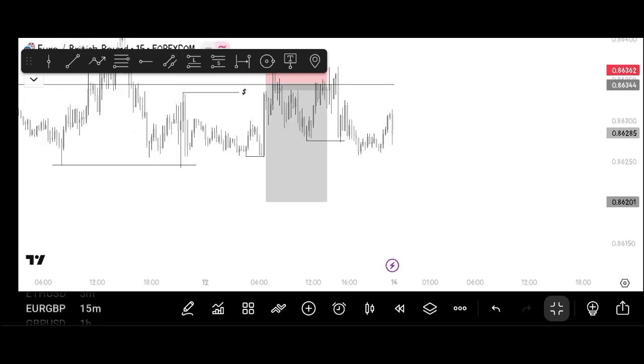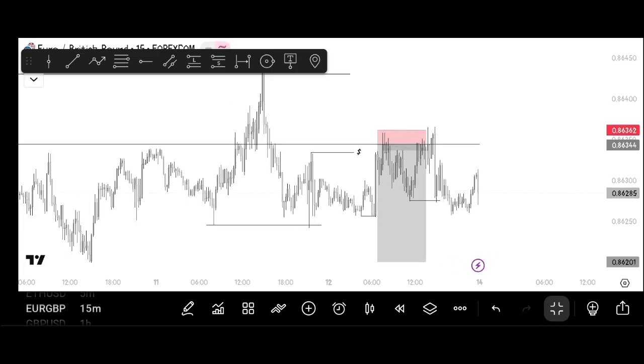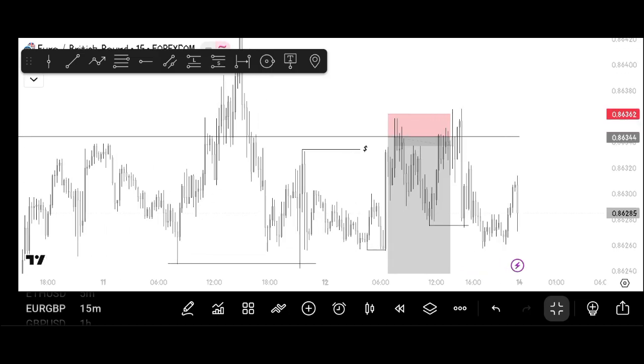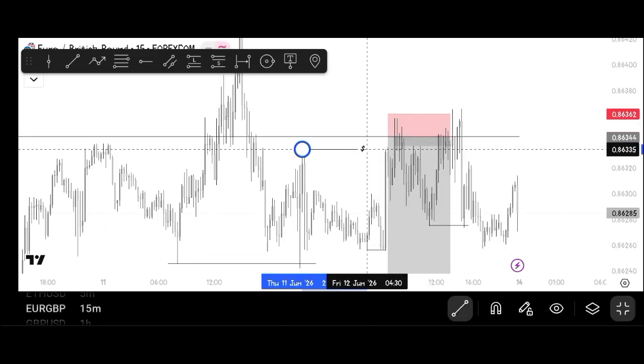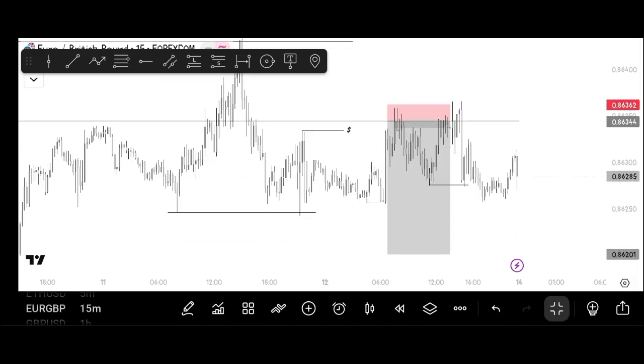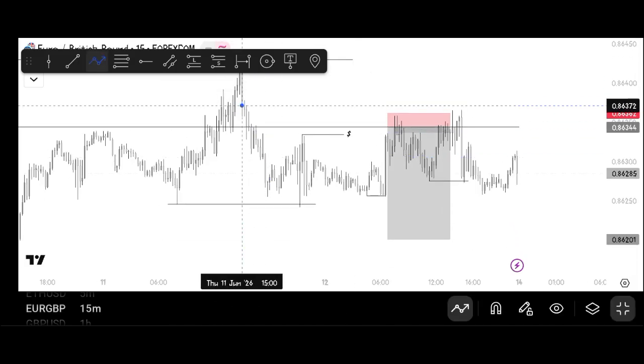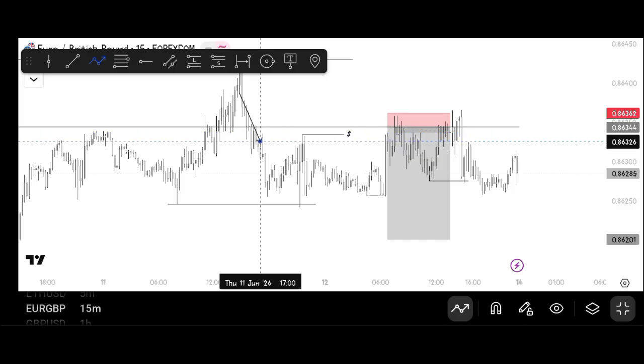Now on the 15 minute candles, I was looking for the liquidity, which I actually spotted right here, because after the change of character right here, this is my advanced SMC entry model.